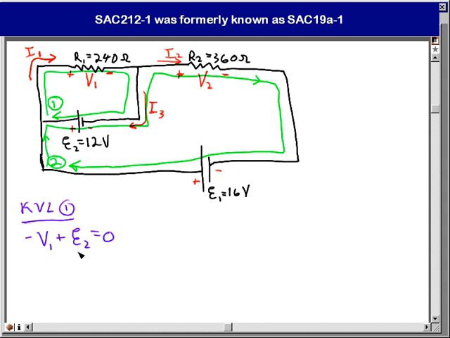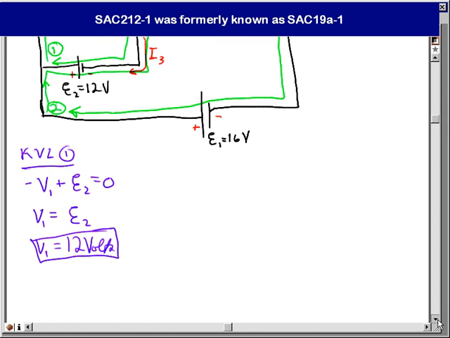Normally I'd be substituting a current for that, but I see there's only one unknown in this whole equation, so I can go ahead and solve it for the unknown. V1 is equal to E2. In other words, V1 is equal to 12 volts. So that's one of my answers. That's the voltage across R1, and that's one of the things we were asked for.